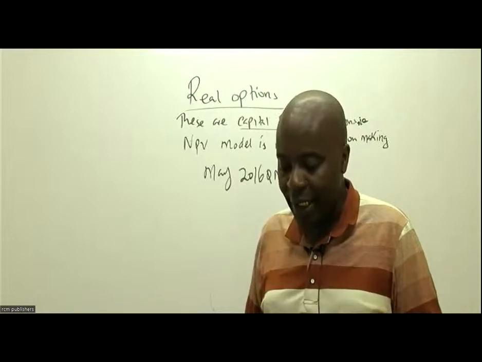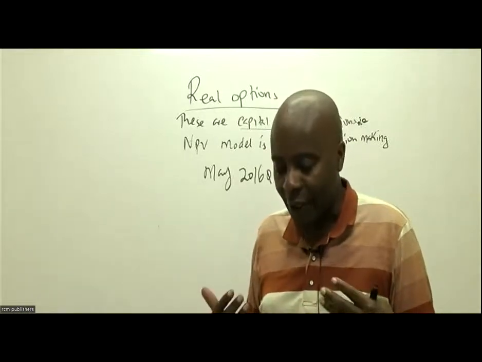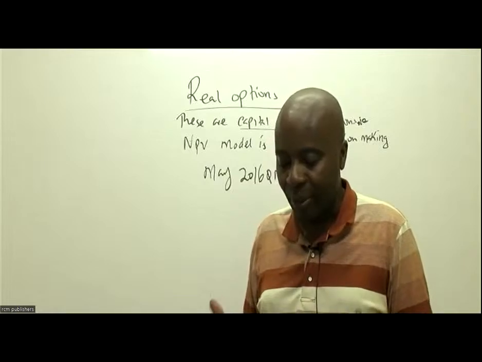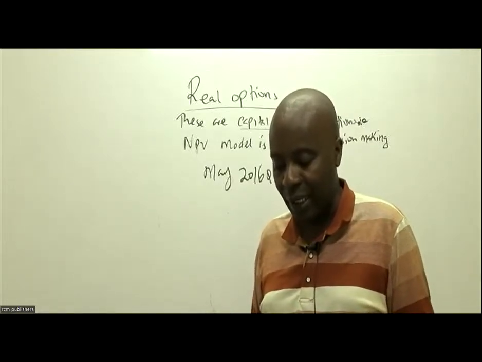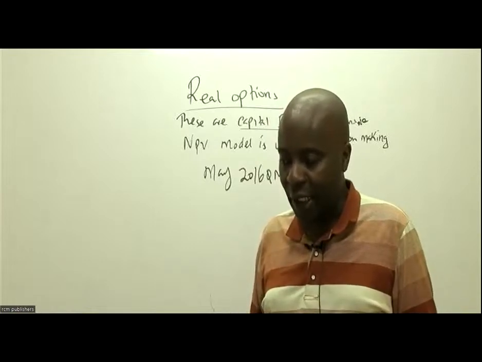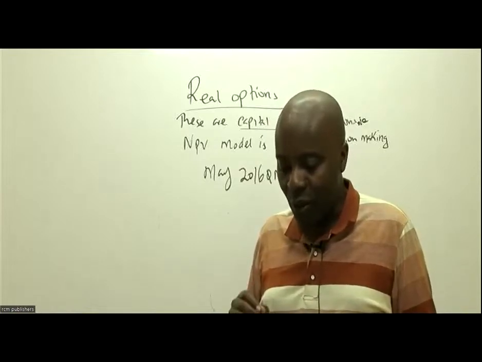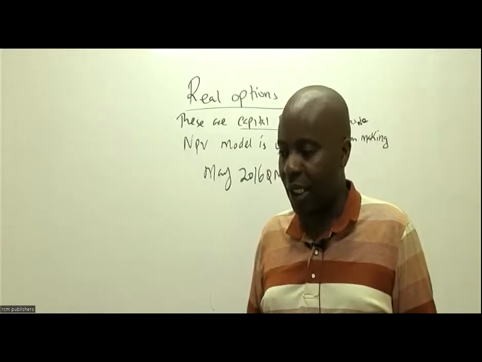Planet Limited has the option to abandon the project in the next 5 years for shillings 150 million. The variance in the present value of the cash flows is 0.09, and the 5-year risk-free rate is 7%.